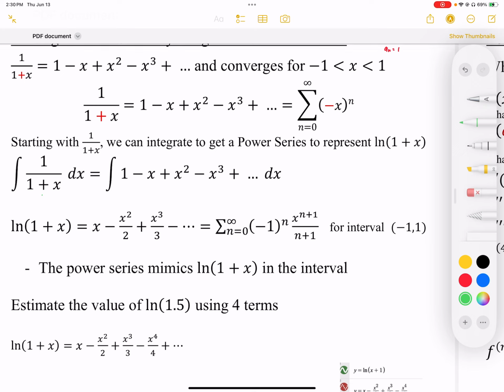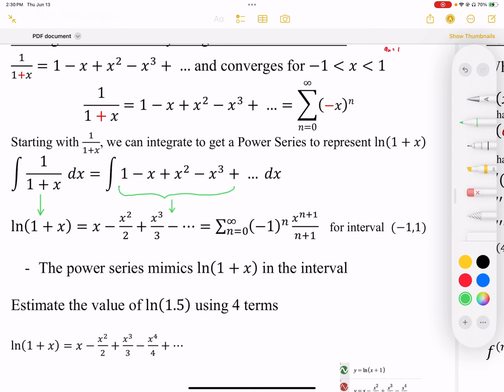If we integrate the function, we get log of 1 plus x. If I integrate this series, I'm going to get the series that represents that log of 1 plus x.